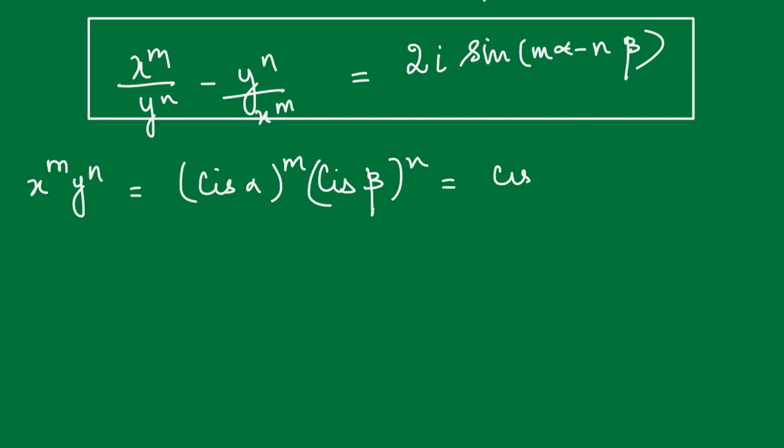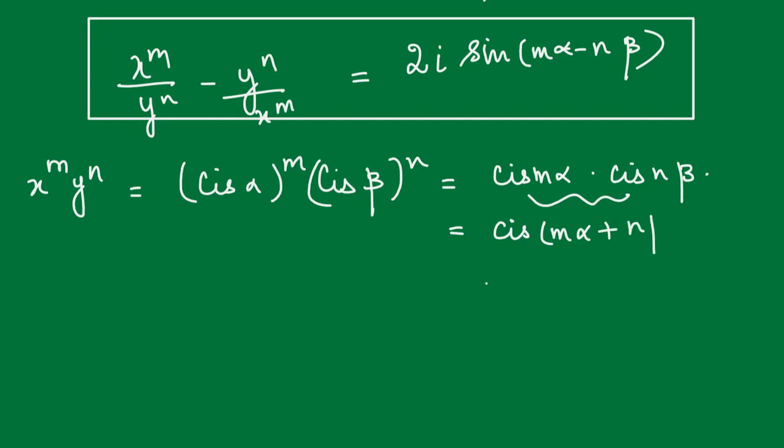Now applying De Moivre's theorem, this is cis mα into cis nβ. This is the product of two complex numbers, so the arguments can be added. So this is mα plus nβ.